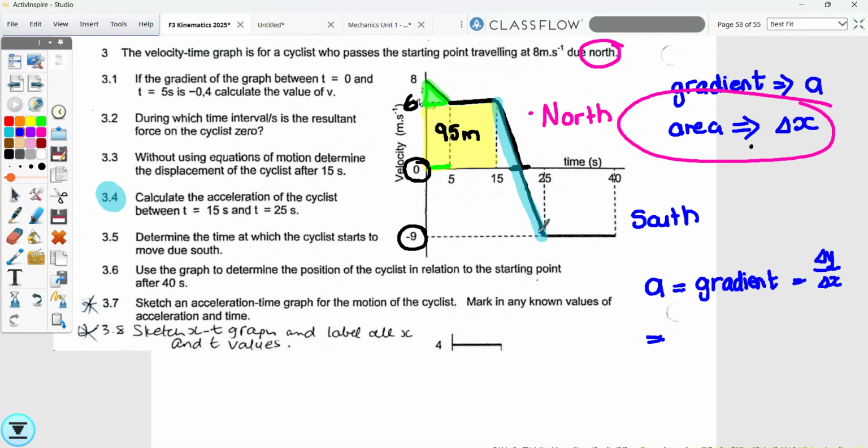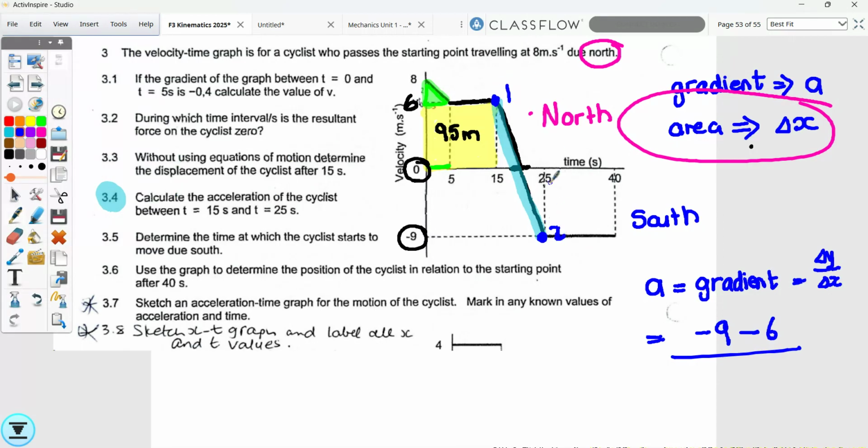Then you go and look, where are my 2 points? This is my last point. So it's going to be minus 9 minus, that's my first point, 6. If you're getting confused with your points, label them. This is point number 1, point number 2, point number 1. Because it's y2 minus y1.